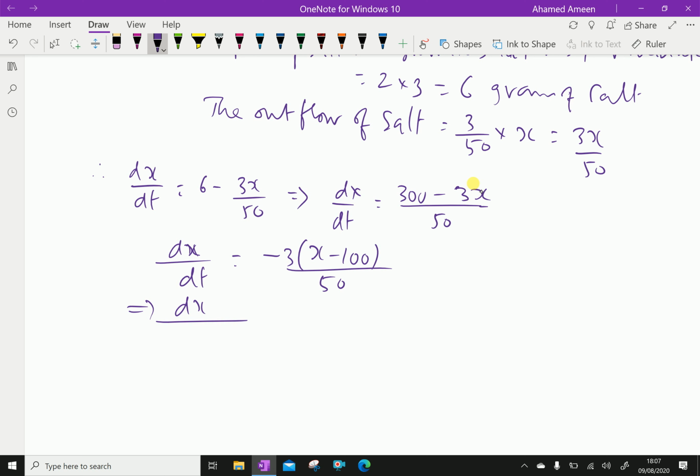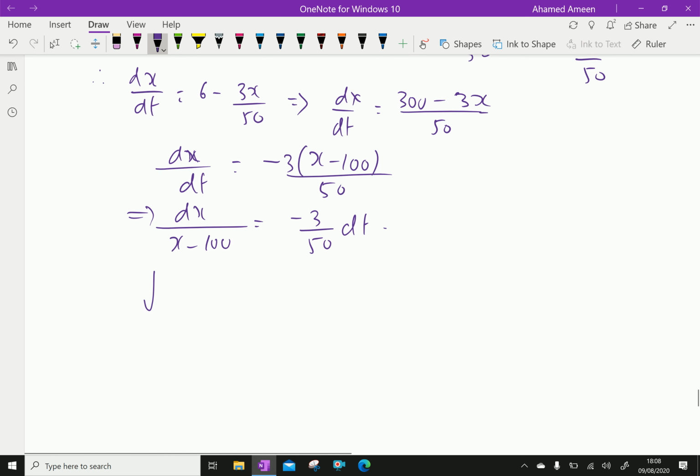So dx by x minus 100 equals minus 3 by 50 dt. Now integrating both sides, dx by x minus 100 equals minus 3 by 50 dt.